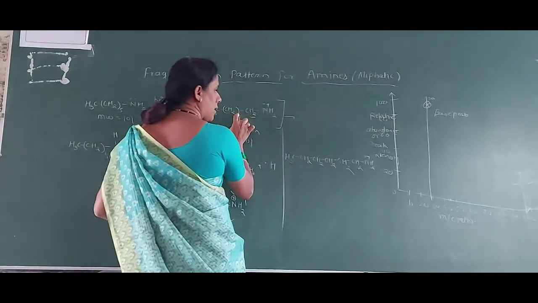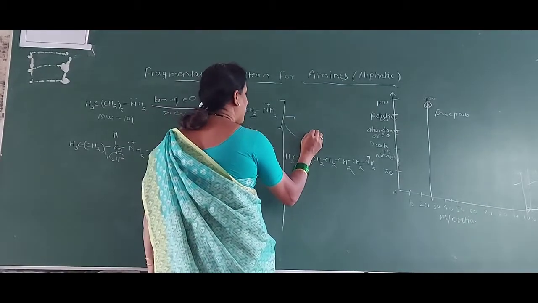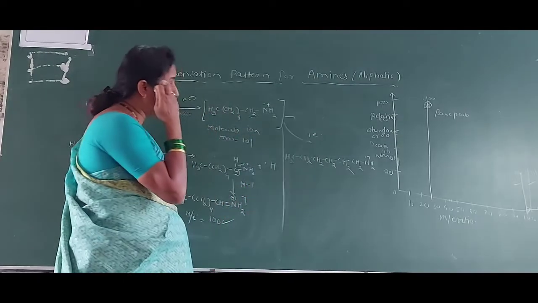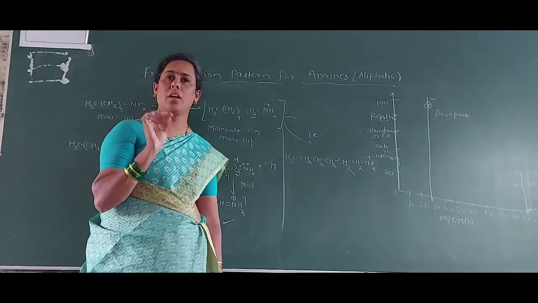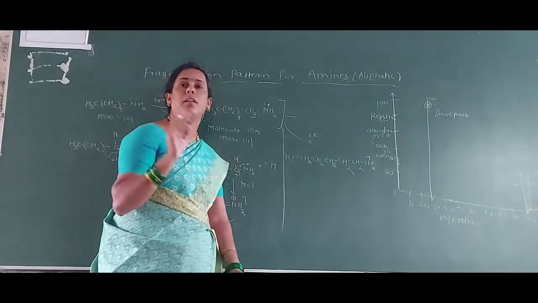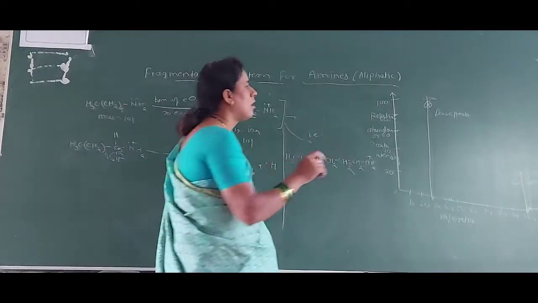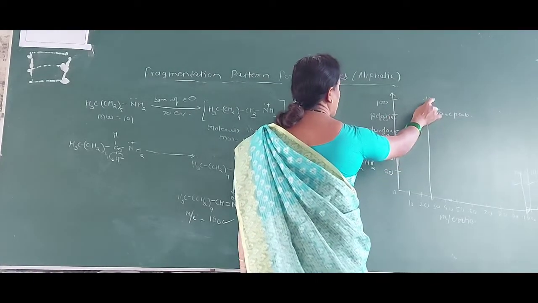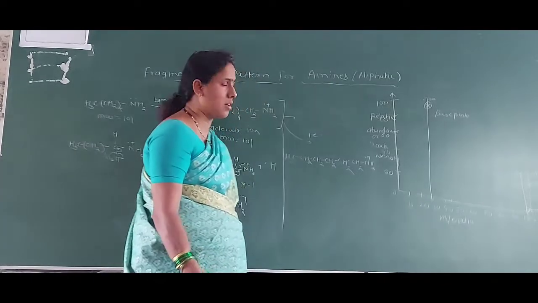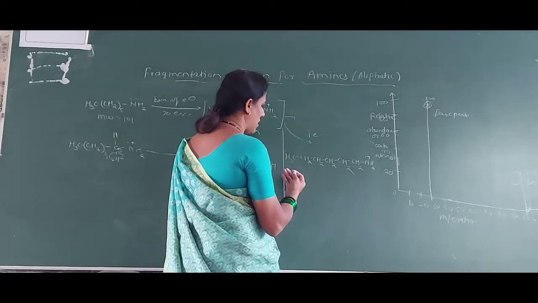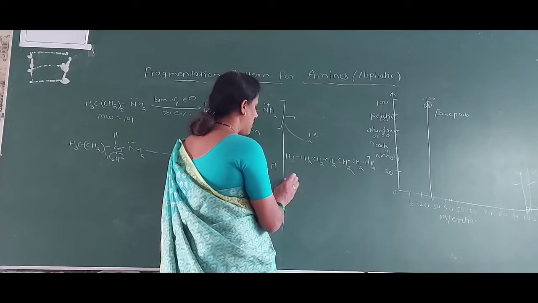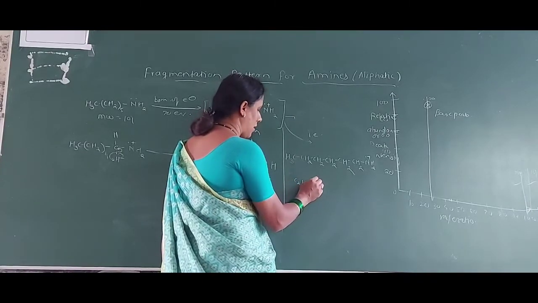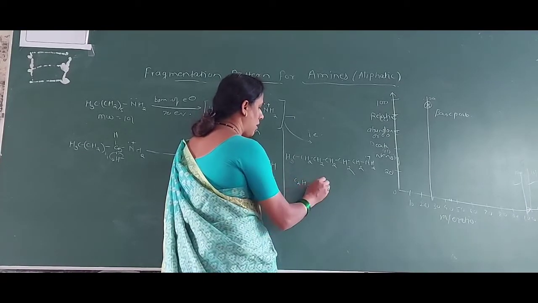Now we have to remove the alkyl group in such a way that you get the fragment ion with the base peak equal to 30. And you can guess how much 30 is going to be. This CH3 is of how much? 15. C2H5 means what?